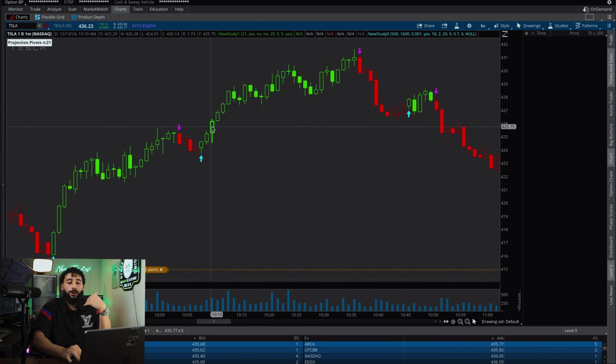Let's say we're looking for a breakout at 425, right? And the wall says there is 1 million shares sitting there at 425. So that means we need 1 million shares to break through that 425, right? And the average amount we get in each candle is, let's say, 350,000.